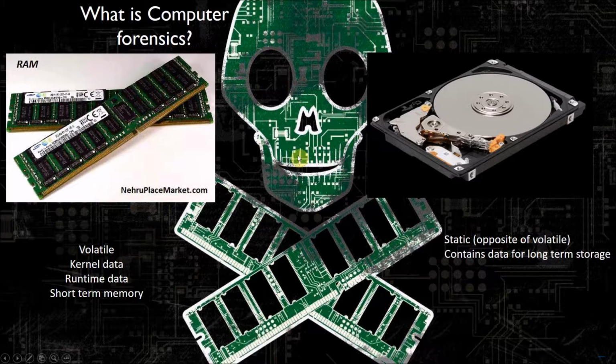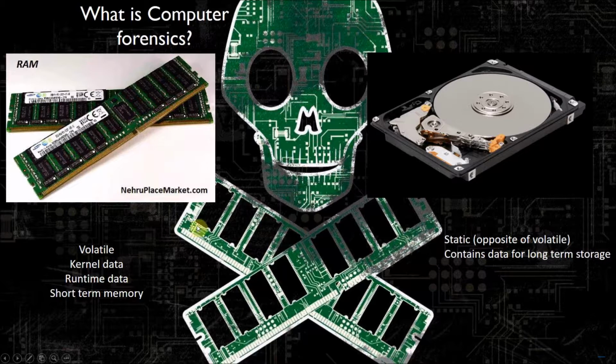So here on the left we have RAM, and RAM is typically characterized by it being volatile. And what I mean by volatile is that as soon as the computer is turned off, once the RAM doesn't have any more power, all the data that was stored in the RAM is now lost to us, which really sucks from my perspective, because that's the data we want to analyze to try to detect that a crime has happened.